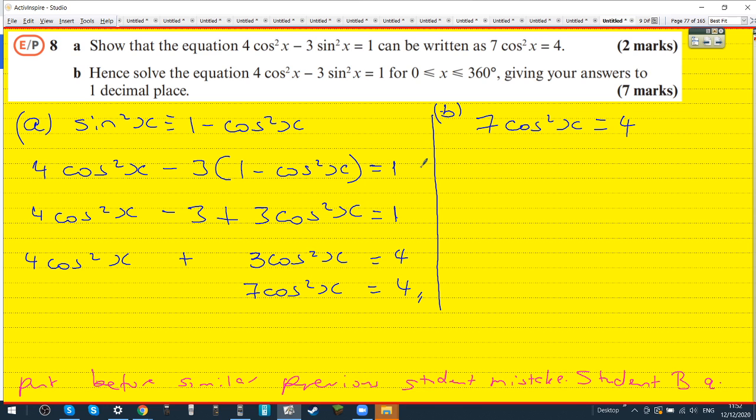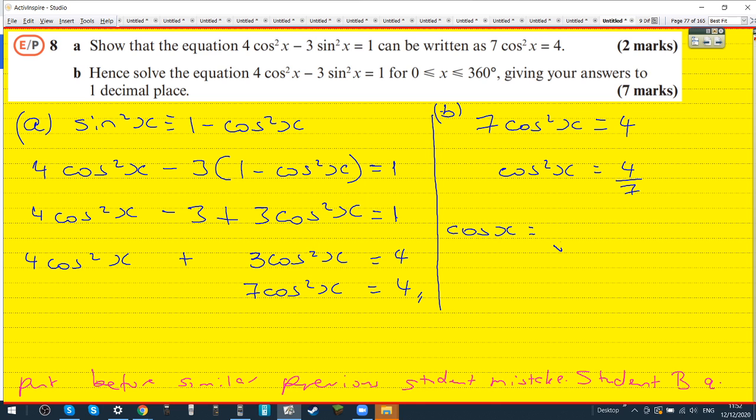And then would that work if you put it into the calculator? No, it wouldn't. Would you square root both sides? I would divide by 7 first. So it'd be cos squared x equals 4 over 7. And then it would become cos x equals plus or minus square root 4 over 7.